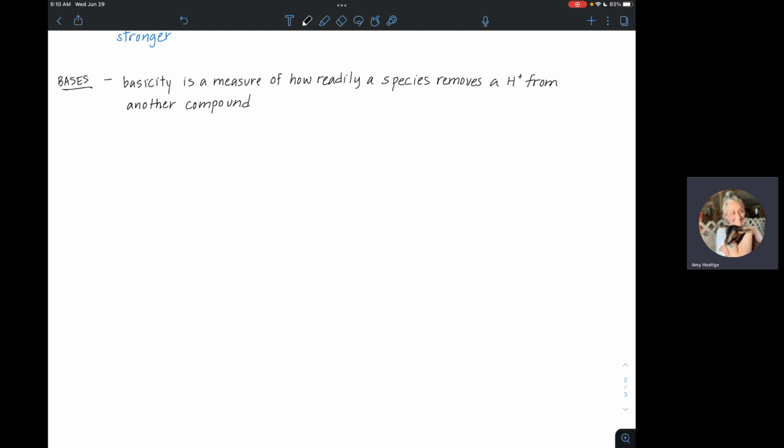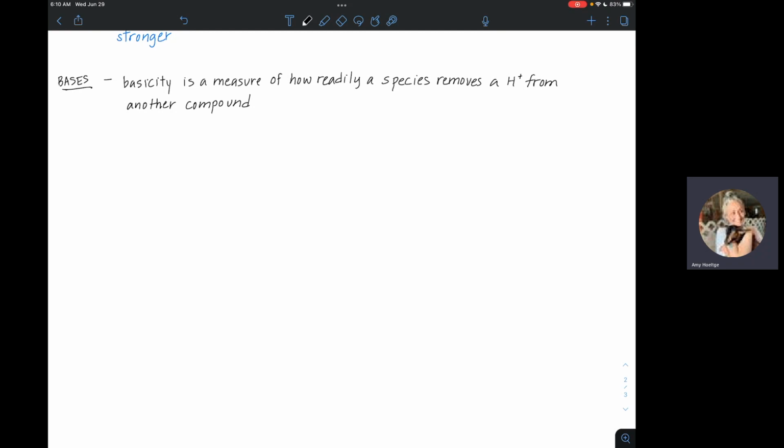A hydroxide or a methoxide or an ethoxide or something like that. Or we could be using nitrogen containing bases. Both nitrogen and oxygen are going to be hanging on to non-bonded electrons, and those are the electrons we're going to use to snag an acidic hydrogen off of another molecule.